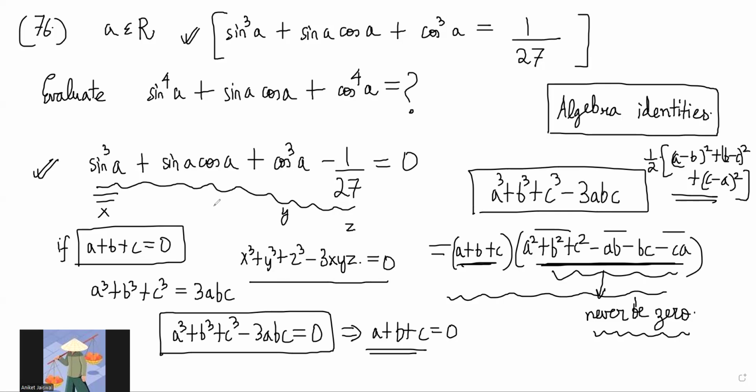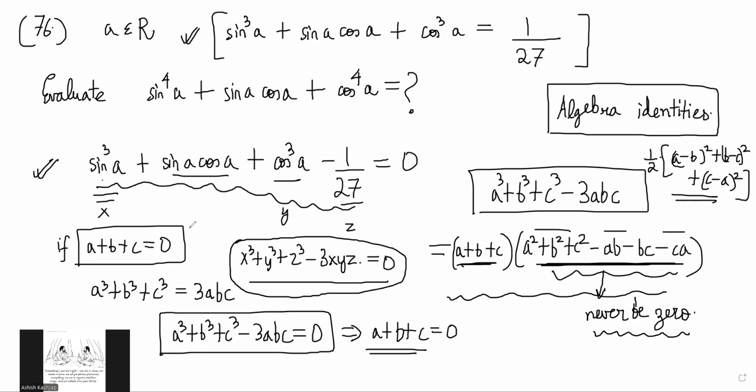Because x is sine a, y is cos a, z is minus 1 by 3, it becomes plus sine a cos a. Is everyone understanding? Yes sir. So from here, automatically it follows that x plus y plus z should be 0. So sine a plus cos a is coming out to be 1 by 3 now for us.